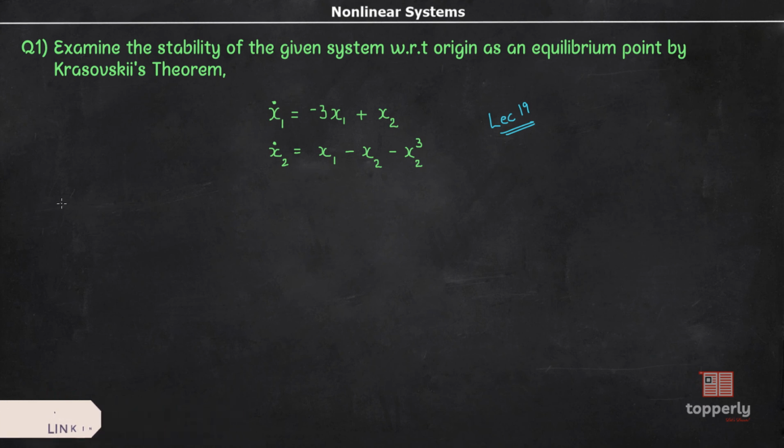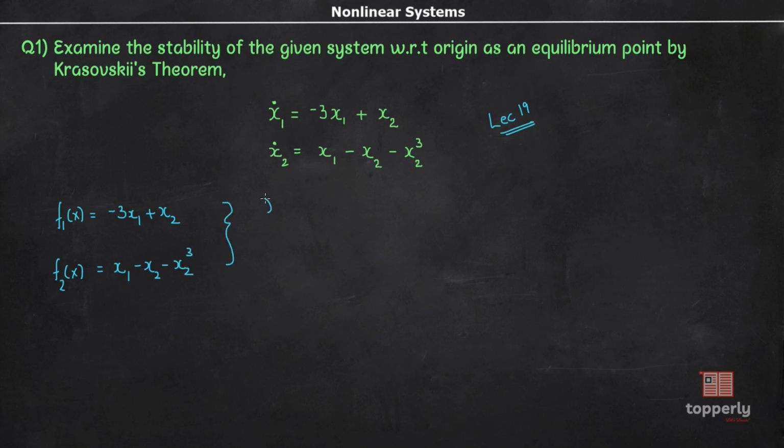For that, let f1 of x be minus 3x1 plus x2 and f2 of x be x1 minus x2 minus x2 cube.